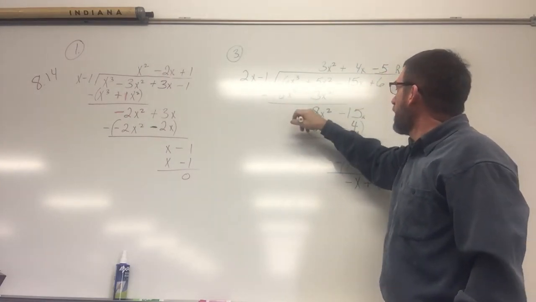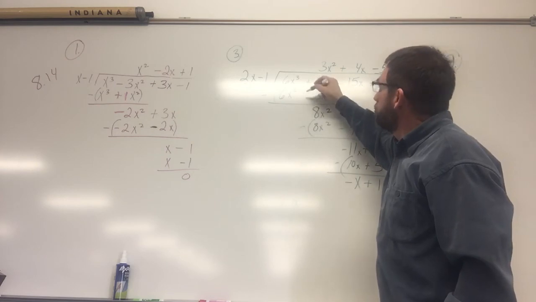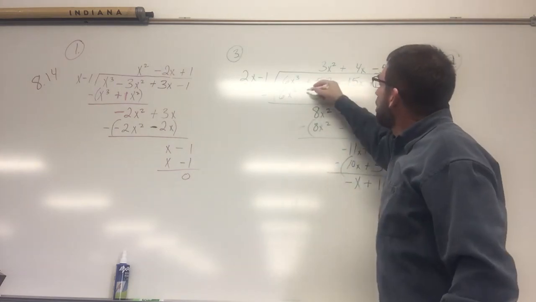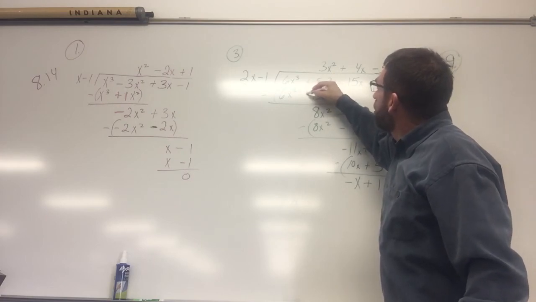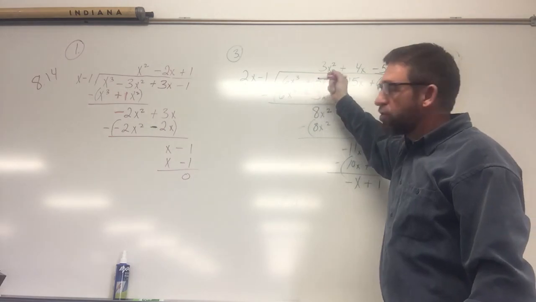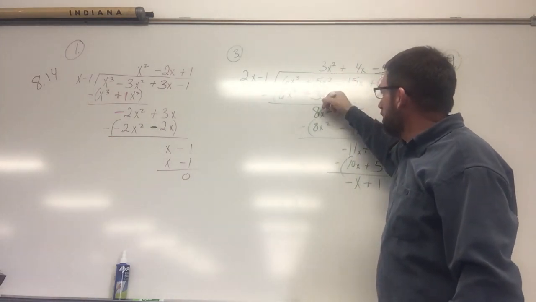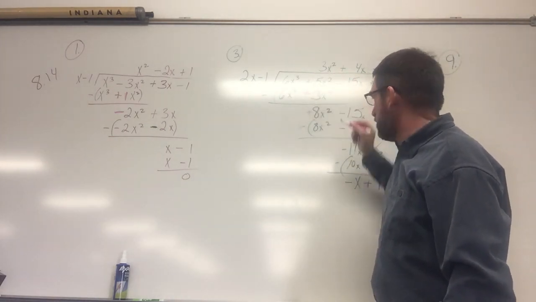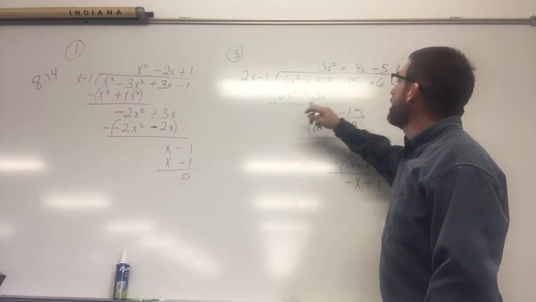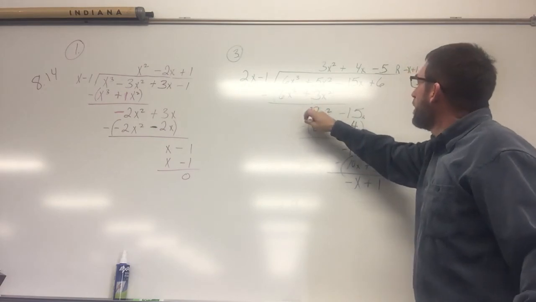And now I subtract. So this actually changes this one to a positive number. And you know that when you have a positive, the rule is like signs add and use that sign. So 5 plus 3 is 8, and it would be a positive. And now I'm bringing down my negative 15, and I ask, how many 2's will go into 8?